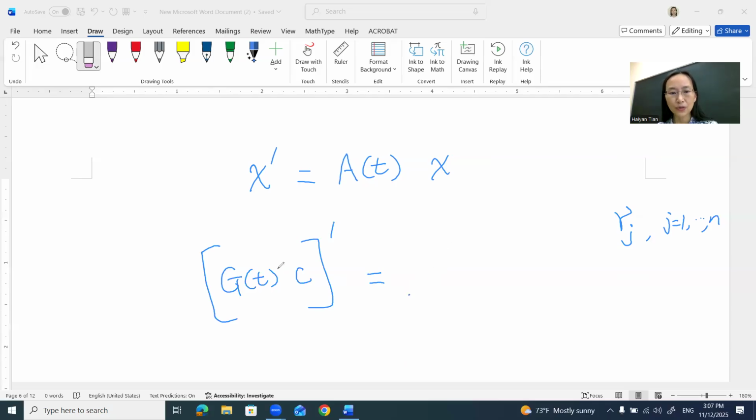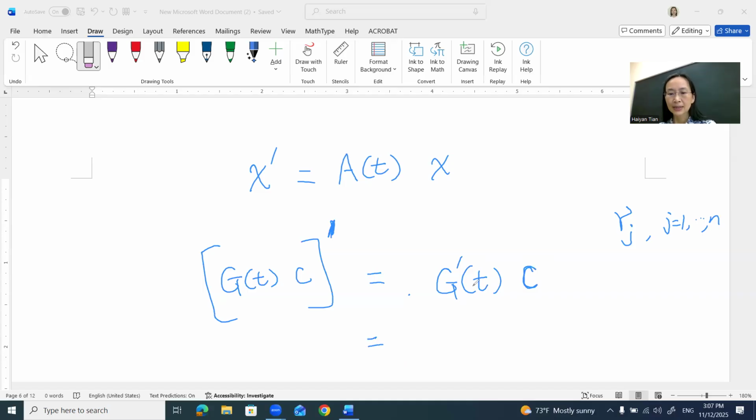We can double check. So what is this? This derivative means derivative with respect to t. So we just take the derivative with respect to t times this column.